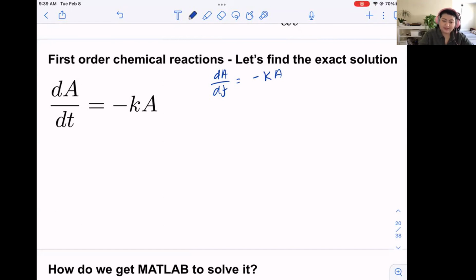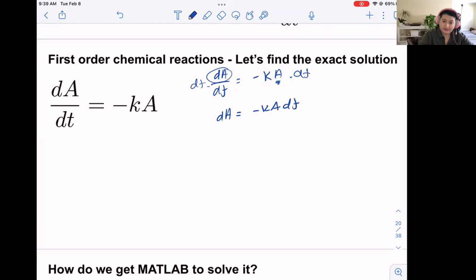We're trying to separate all the A's to one side, all the t's to the other side. The A is here, and we need to move it with its differential. So let's first separate the differentials. So we get dA is equal to negative KA dt.